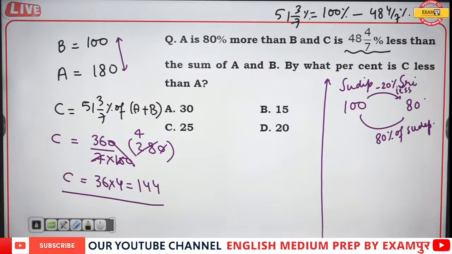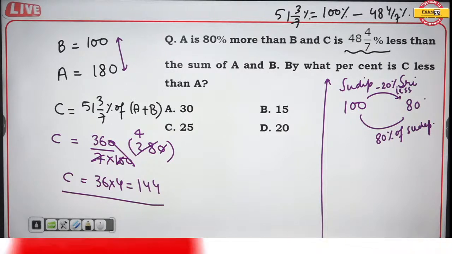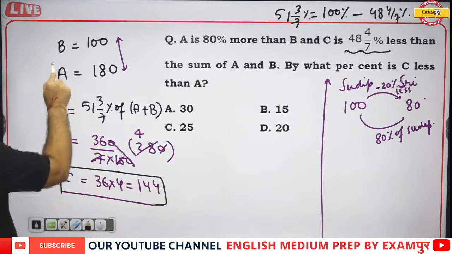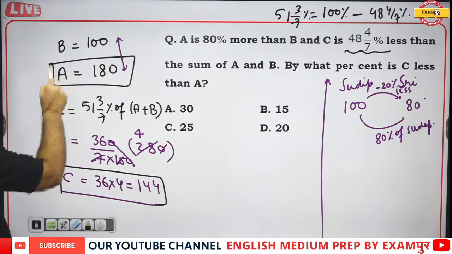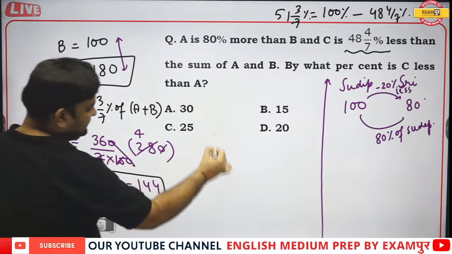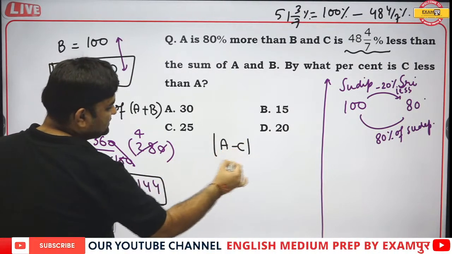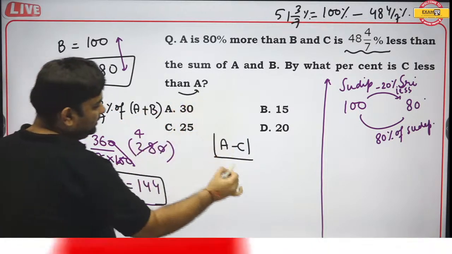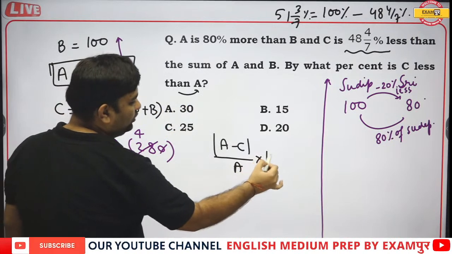Okay. What percentage is C less than A? By what percentage C is less than A? So comparison has to be done with A. So difference over A into 100.